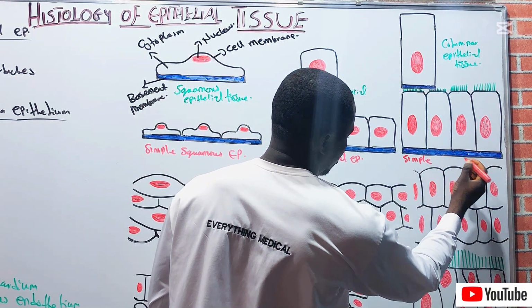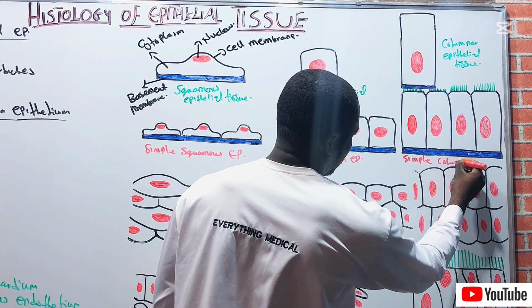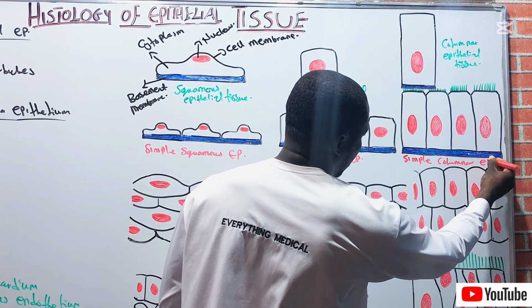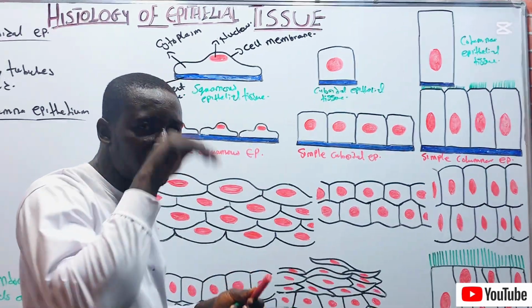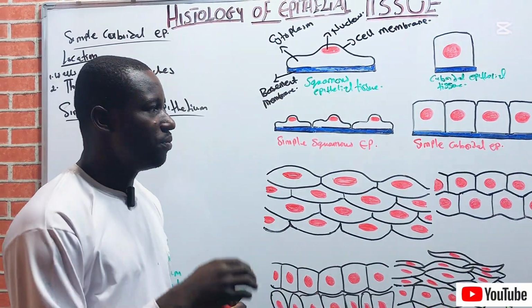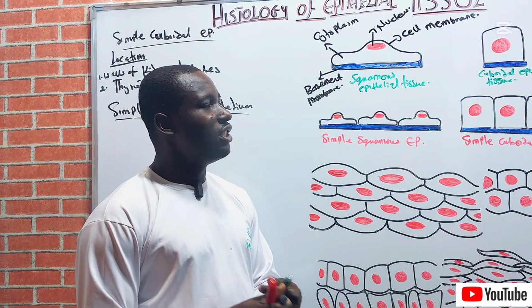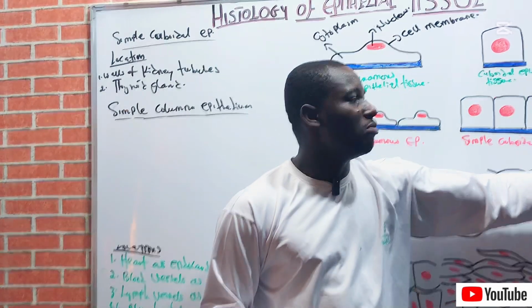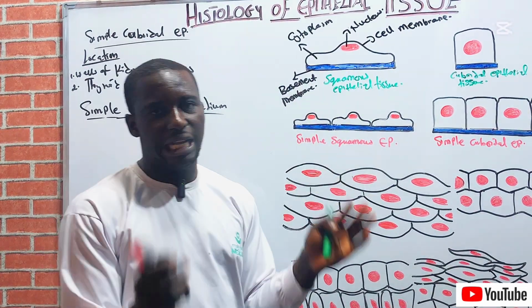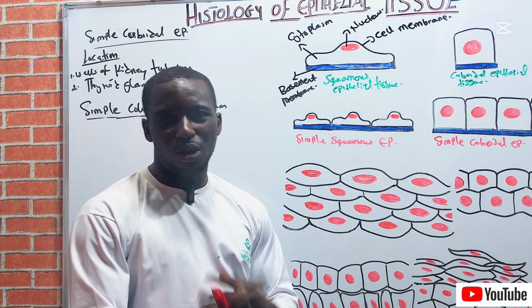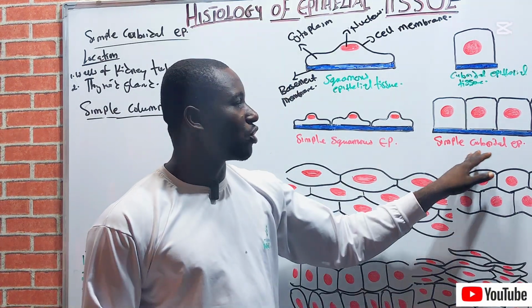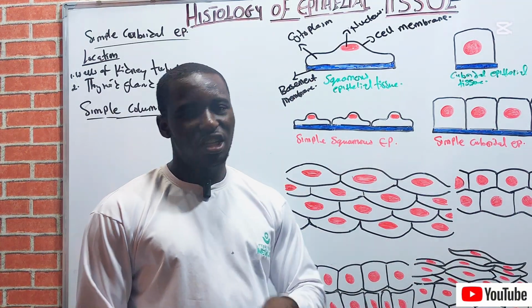The cells are usually tall, and they are thin. This simple columnar epithelium is found in almost all organs. You can see it in more number compared to simple cuboidal and simple squamous in the body.